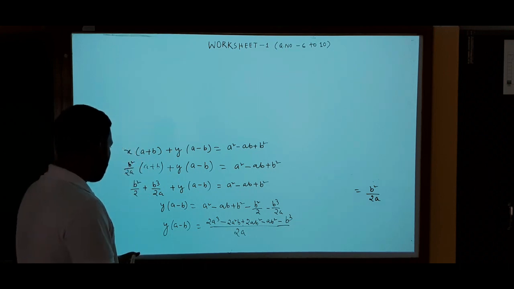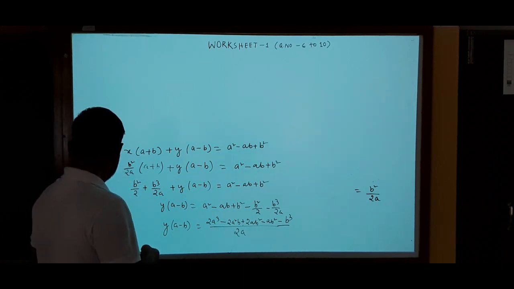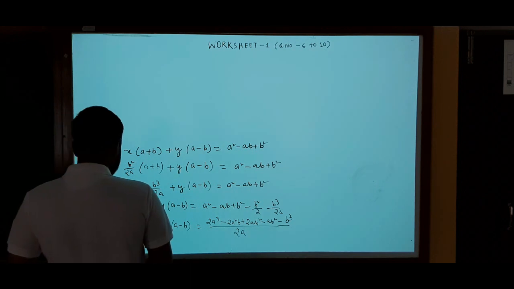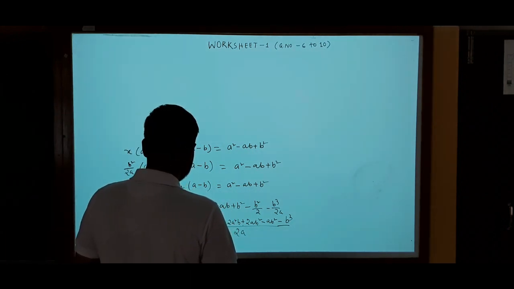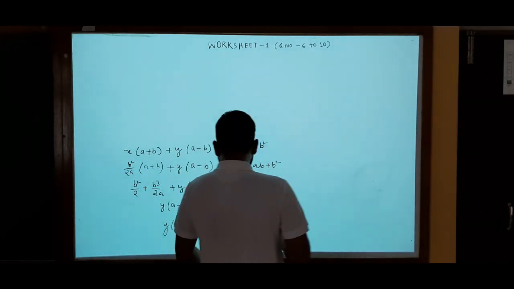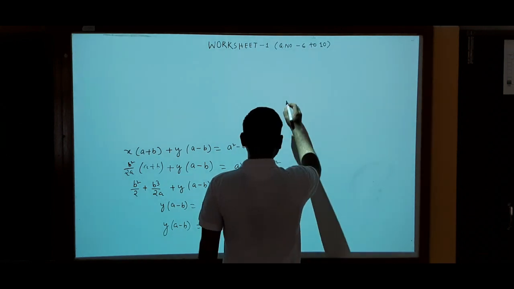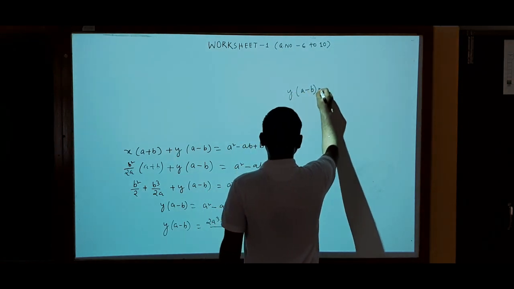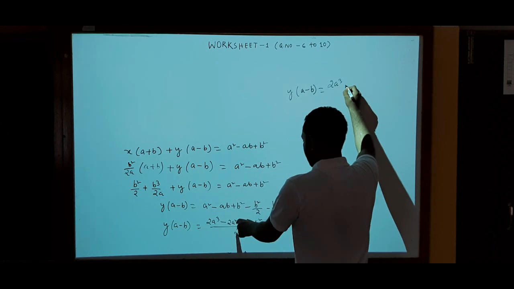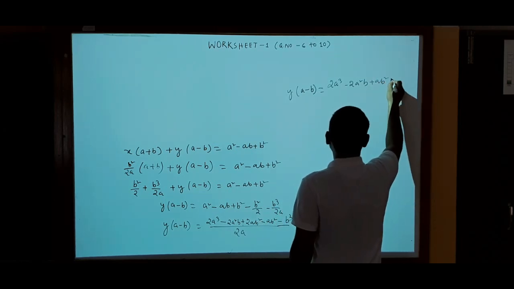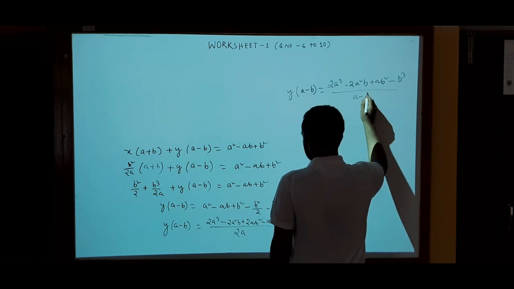So now I will write y into a minus b equal to 2a cube minus 2a square b plus 2ab square minus ab square plus ab square minus b cube upon 2a.